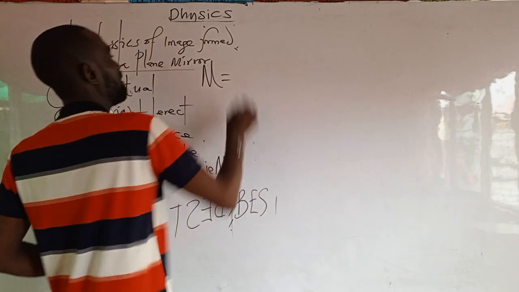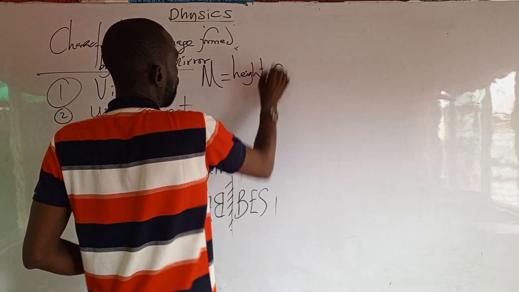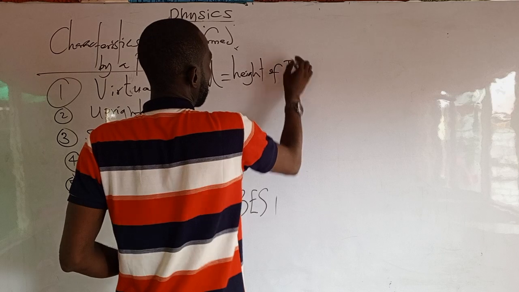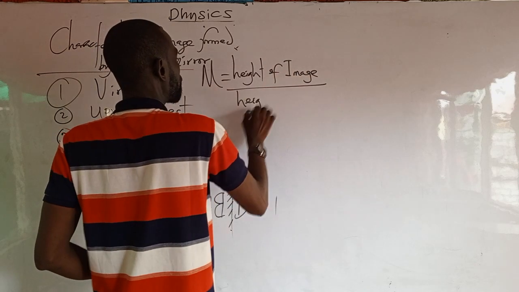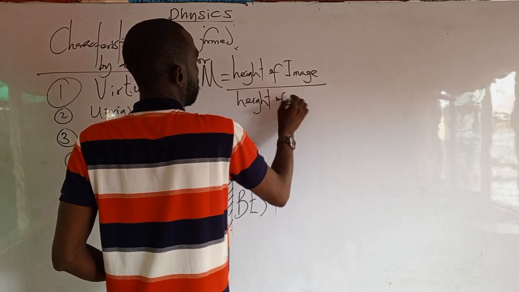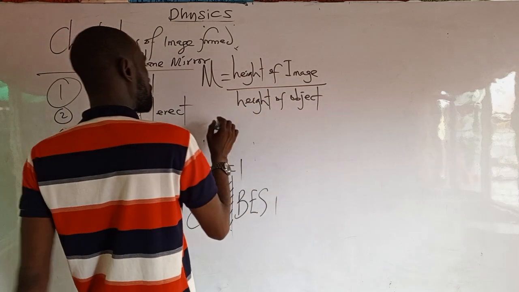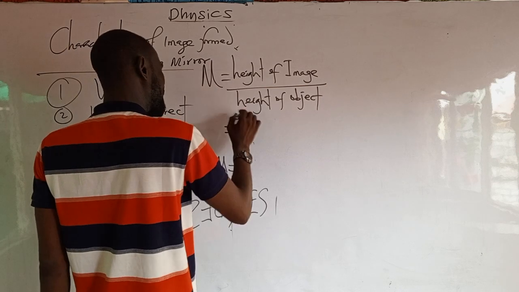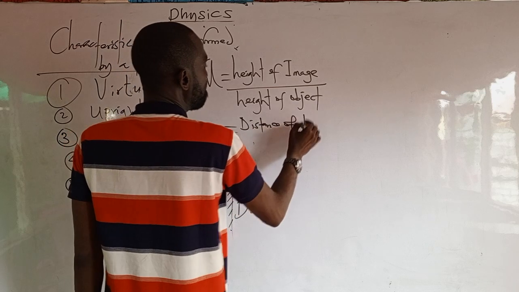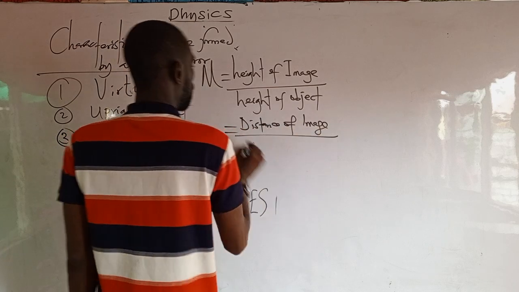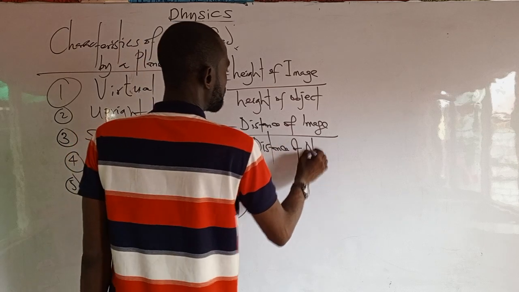Height of image over height of object. That's magnification. It can also be given as distance of image over distance of object.